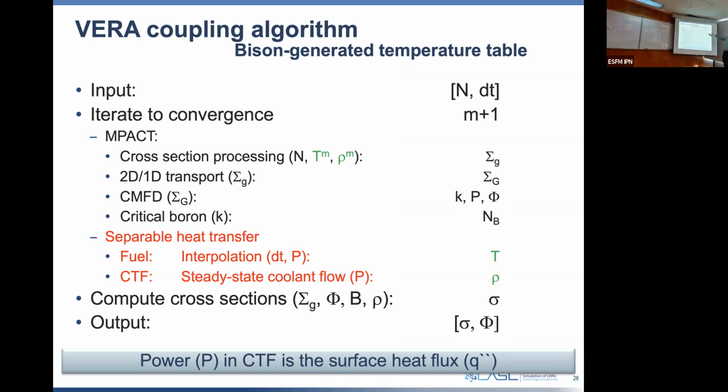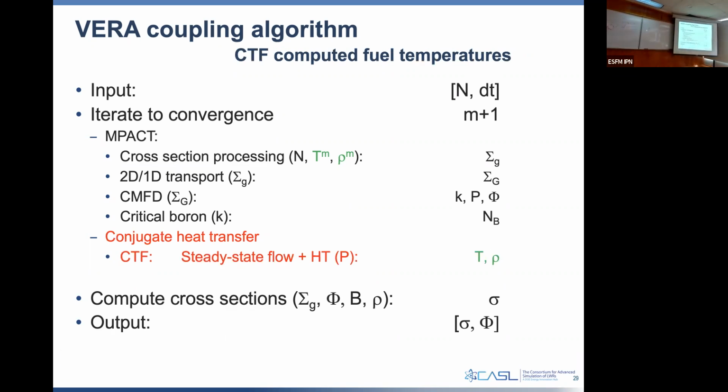And in that, we have this same process where we iterate in convergence. We do our impact, we do our heat transfer, our fuel can solve and our Cobra can solve. It doesn't matter which one because they don't depend on each other. We know all the heat going into the fuel comes out into that channel. When we switched to CTF, computing its own fuel temperatures, we added this heat transfer that takes in the power to the fuel, and it's going to conduct it out of the fuel and into the coolant and do the full time stepping to convergence.